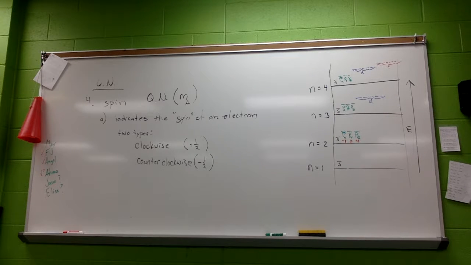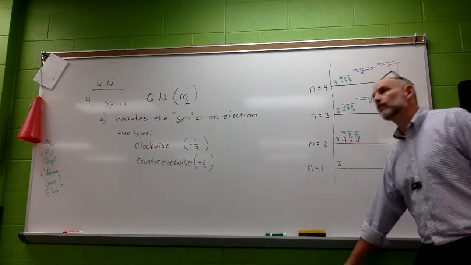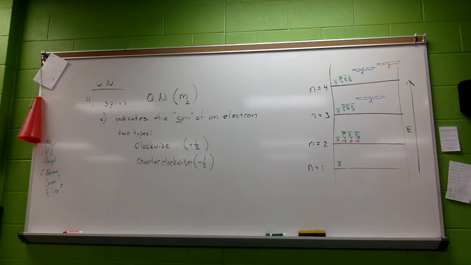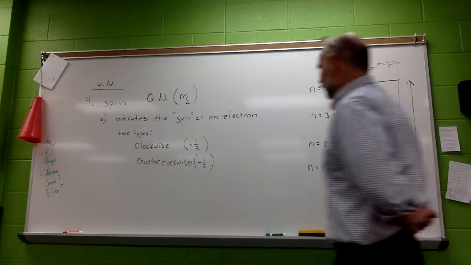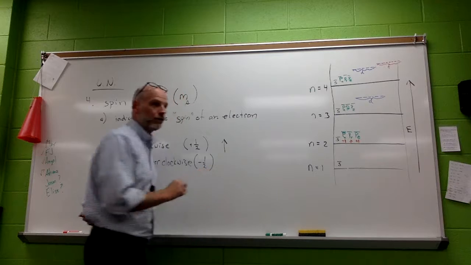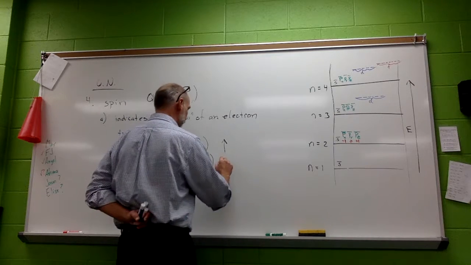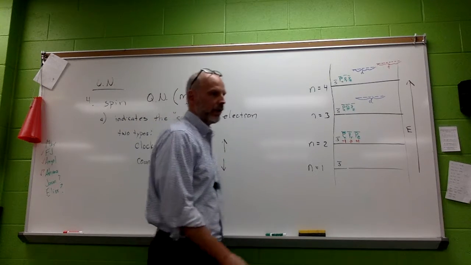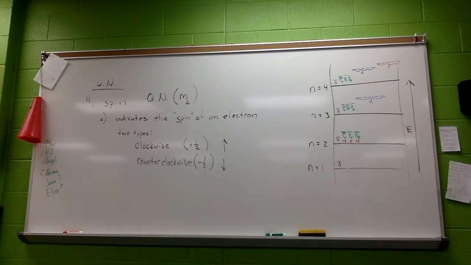But I'm going to show you here in a little bit, it might not be today yet, that even writing positive 1/2 and negative 1/2 to represent each electron is going to get to be a really pain in the rear end. So what they do is use the symbol of an arrow pointing up to represent clockwise spin and the symbol of an arrow pointing down to represent counterclockwise spin.